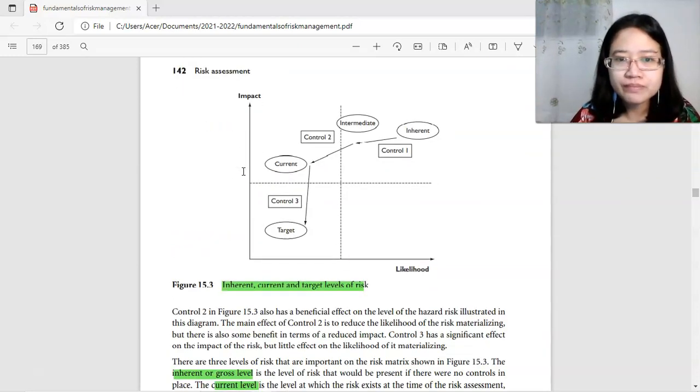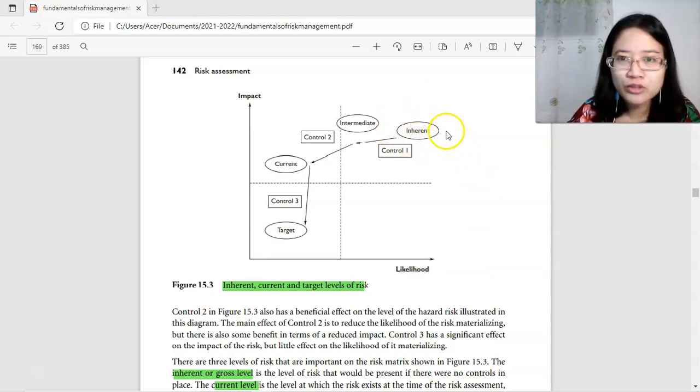Okay? So, ito naman, yung figure ulit, you have the risk matrix, impact and likelihood. Tapos, how does the control help in minimizing the risk impact and the risk likelihood. Okay? So, ito yung inherent level.